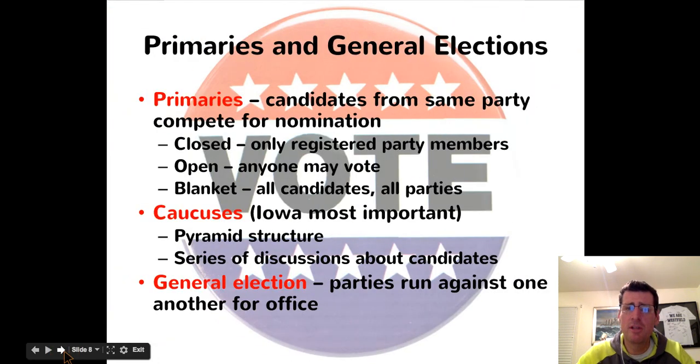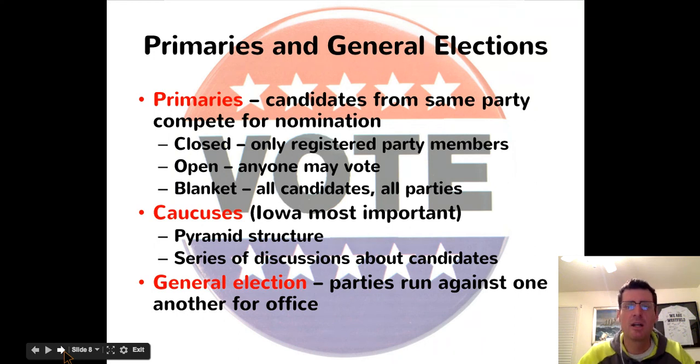Just to give you a little more information on different types of primaries, there are primaries that occur in most states. These are where candidates from the same party compete for the nomination, and you generally see three types. In some states, they have closed primaries, and with 50 states and then the territories and everything else, we have to oversimplify this a little bit.